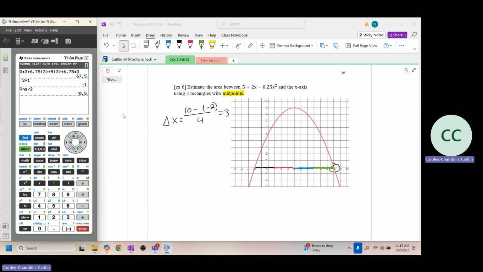So we just add the endpoints and divide by 2, and so we get -0.5. So the height of this rectangle is whatever the height of the curve is at -0.5. And I'm going to draw 1.5 on either side. So this is my first rectangle.